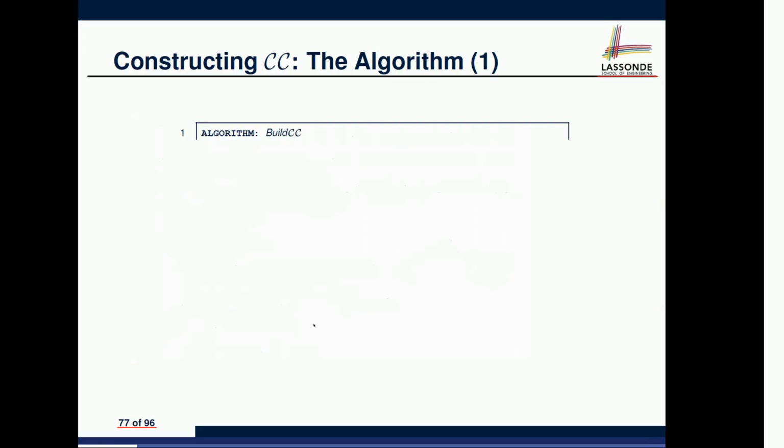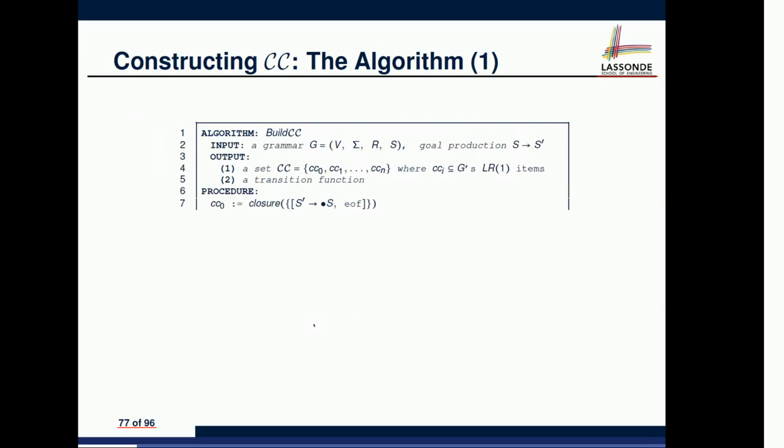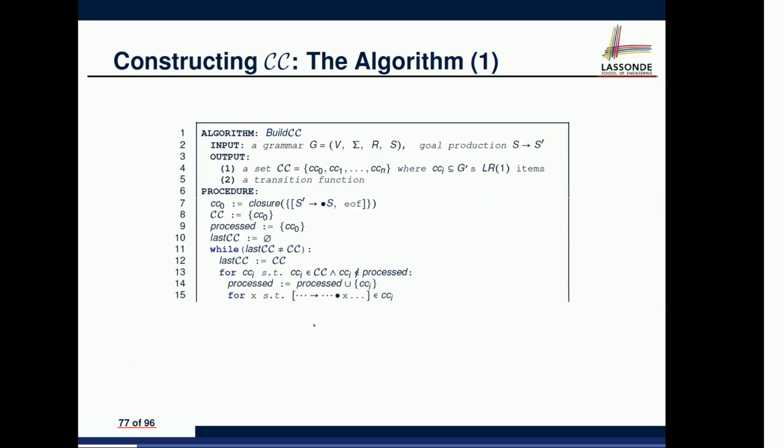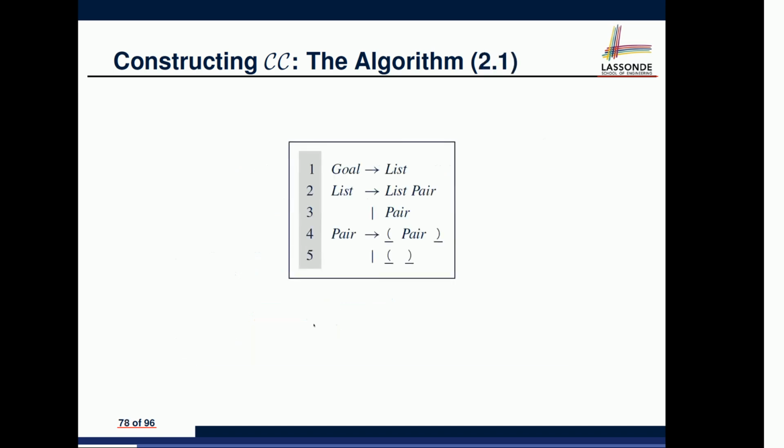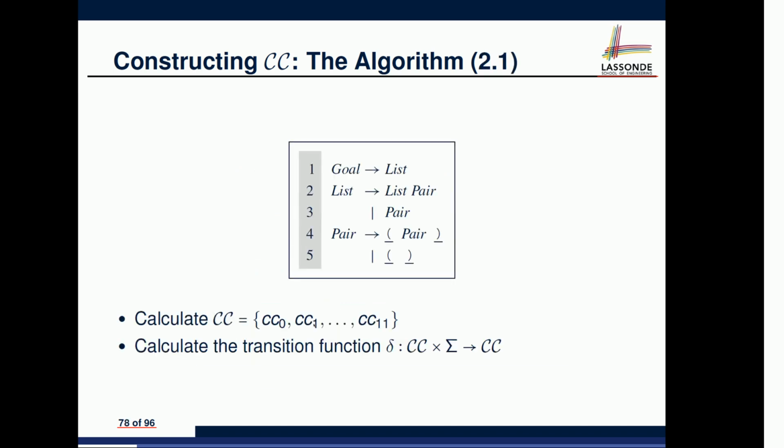So now let me tell you what the outcome is. This is the algorithm over here, and I'm going to show you the question here. If we want to calculate CC over here, I'm not going to ask you to calculate everything. I'm going to show you a particular step and also the transition function. That's a typical question.